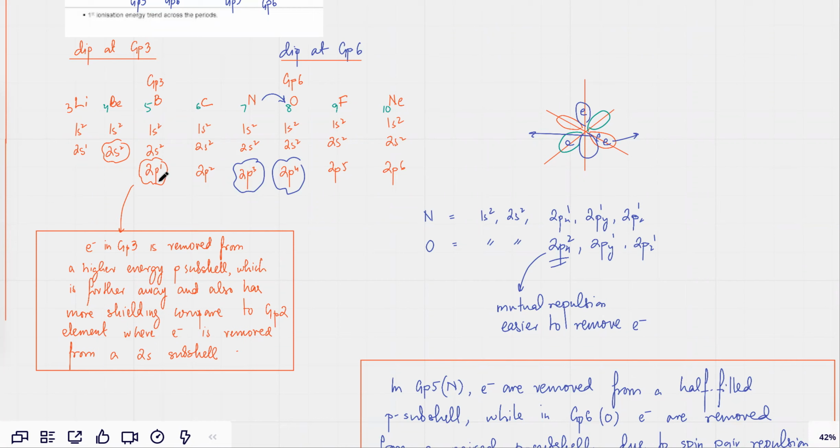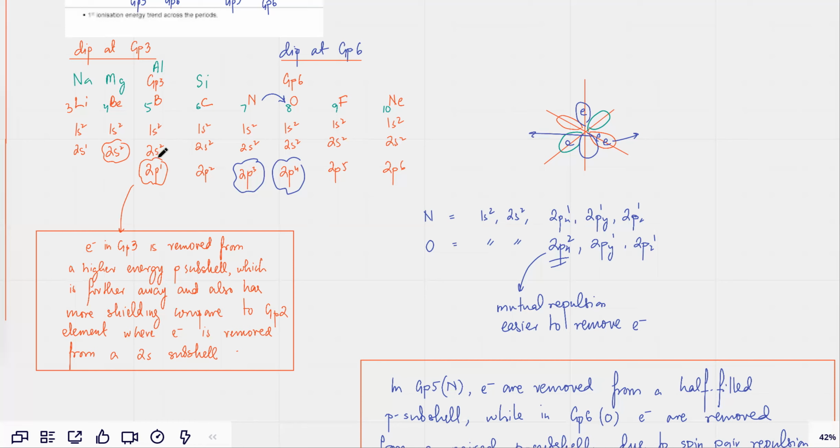The electron is removed from a higher energy p orbital, so the electron is further away. In the next group it's going to be sodium, magnesium. Group 3 would be aluminium and so on, and silicon, etc. So the same reasons would apply. They would have exactly the same electronic configuration, except that there's going to be an extra shell.